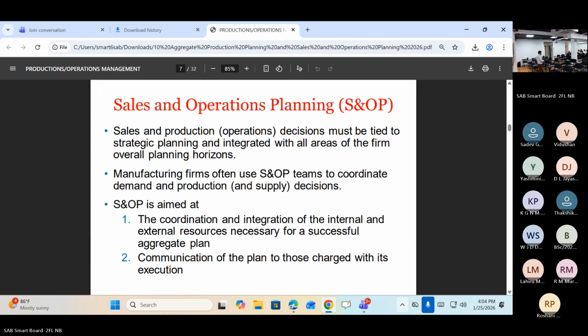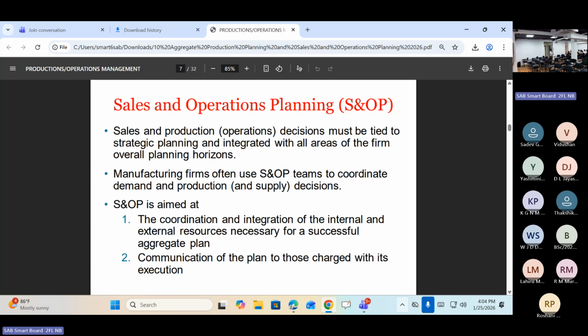There's a team involved here that is known as the SNOP team. SNOP team. Have you heard of it? SNOP stands for Sales and Operations Planning Team. A team, a group of people representing different departments.